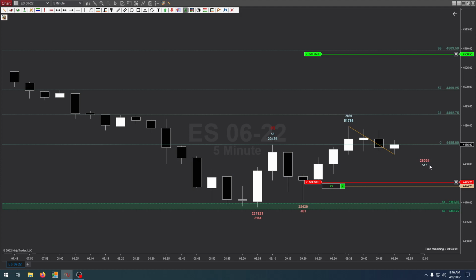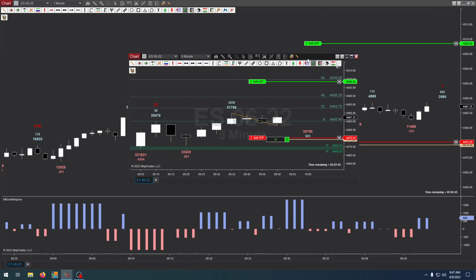Very strong positive volume delta here. Can we take out this high? Okay, we have not confirmed the swing short on the 5 minute. It looks like we're trying to go after that high right there.